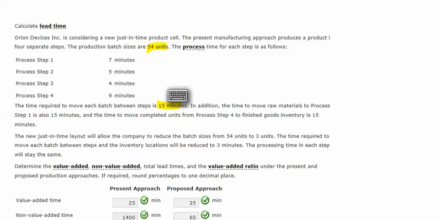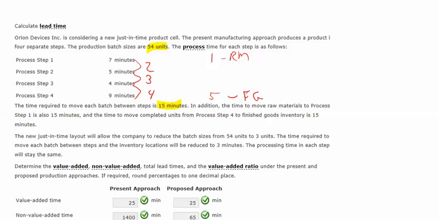So we actually have five moves, I think. So we're going to have 1 for our raw materials, and then we have 2, 3, 4, and then number 5 goes to finished goods. So this is my raw materials, 2, 3, 4.